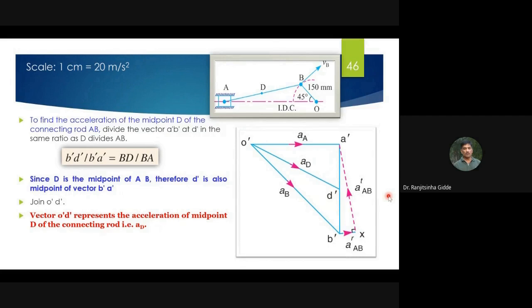That is, small a suffix capital D. And tell me the value of this a suffix D. Measure the vector, next line you can write, by measurement.